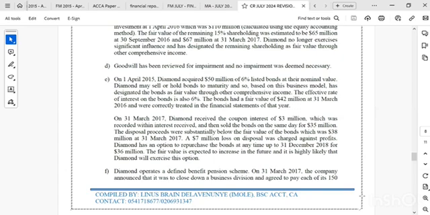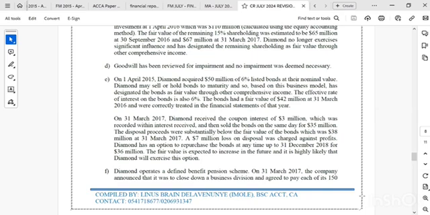Okay. The disposal proceeds were substantially below the fair value of the bond, which was 38 million. All things being equal, if we actually want to sell the bond, how much should it be sold at?